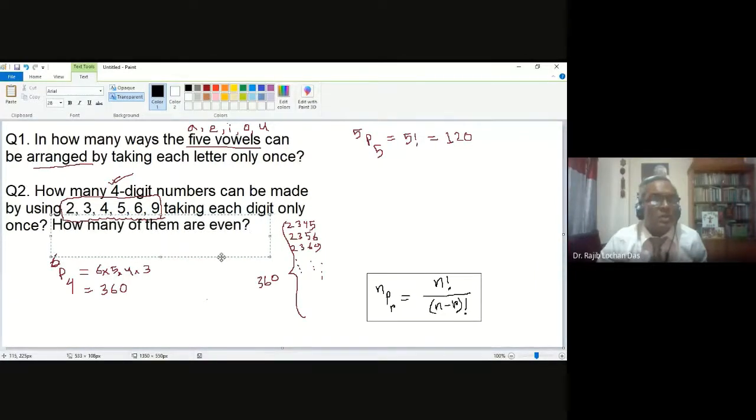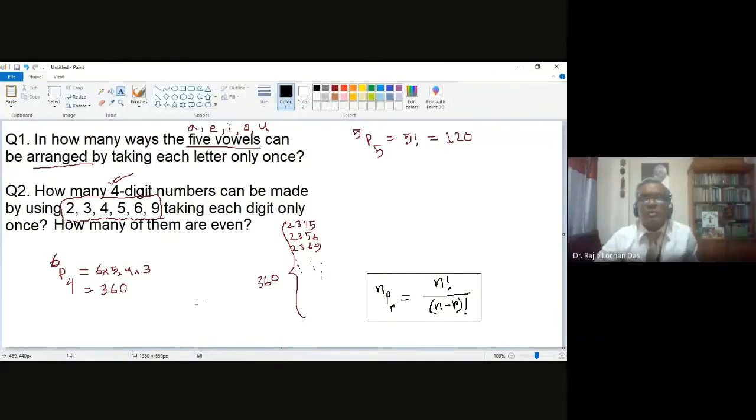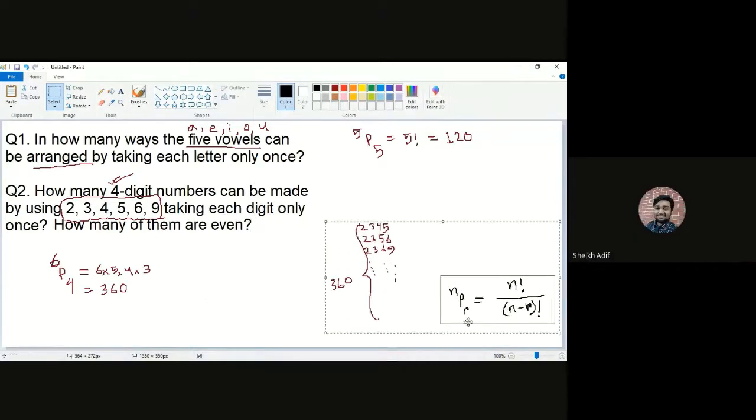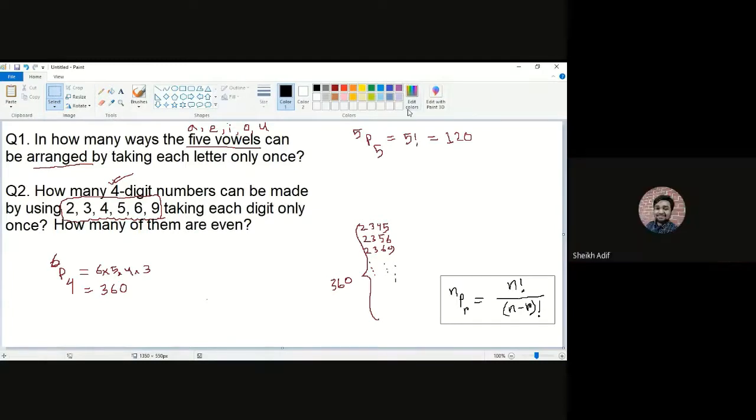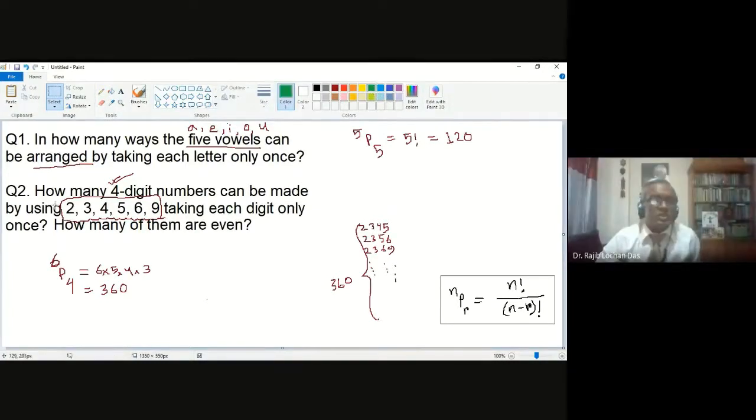But how many of the 360 numbers will be even numbers? How do you know about that? For that part, you will also consider that the last digit must be even: 2 or 4 or 6, because in these options you have 2, you have 4, you have 6.